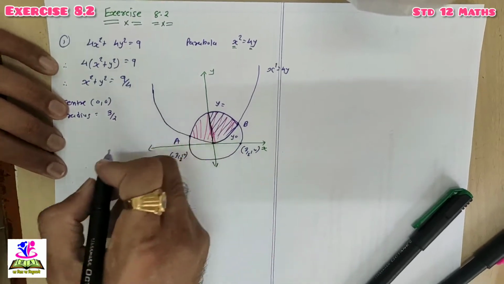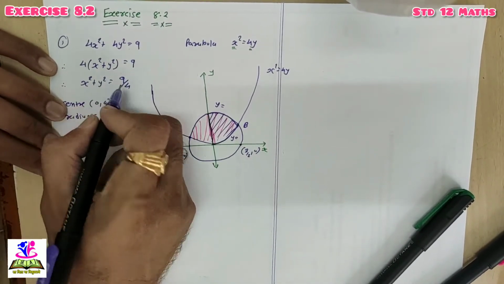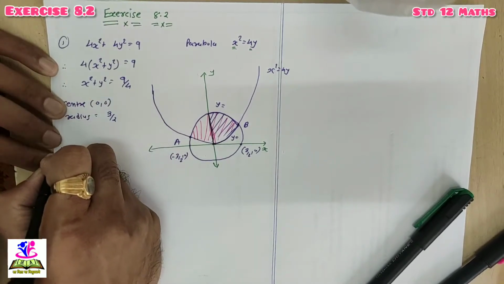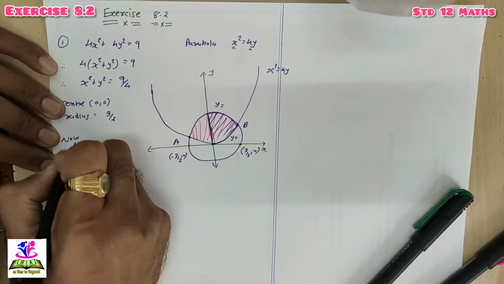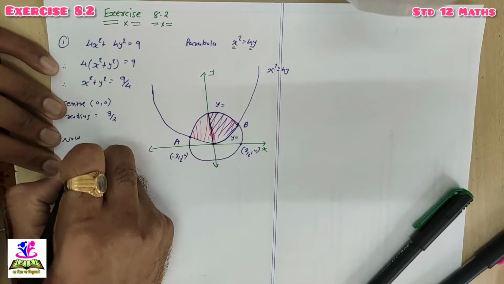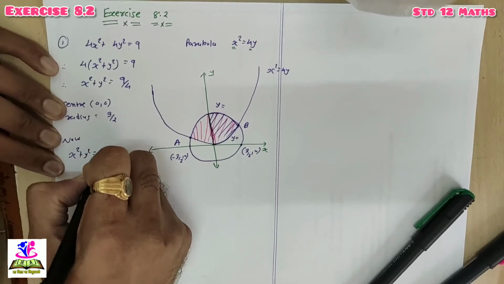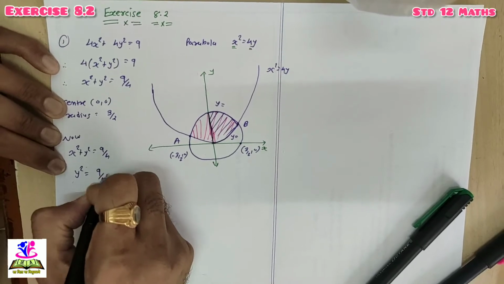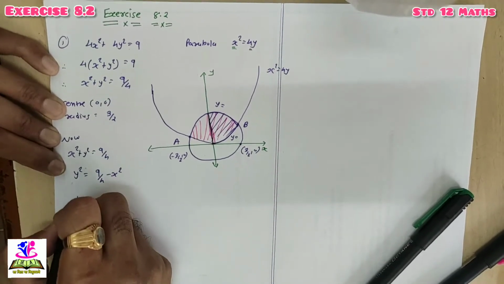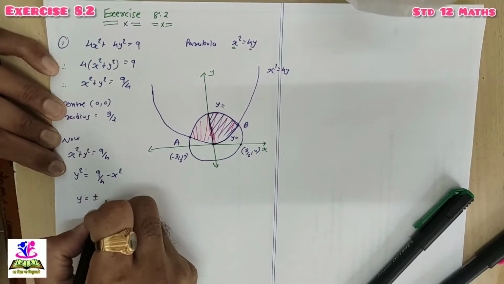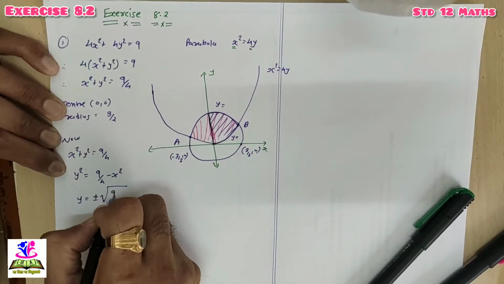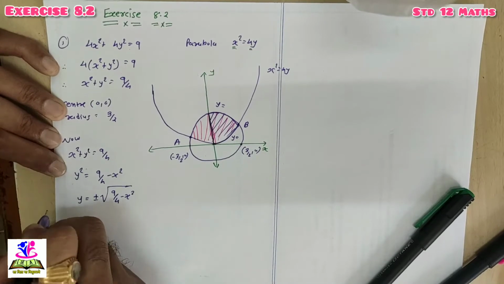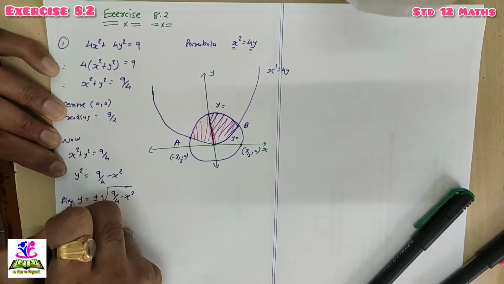Our circle is x square plus y square equal to 9 by 4. So y square equal to 9 by 4 minus x square. So our y will be plus or minus square root of 9 by 4 minus x square. Done.